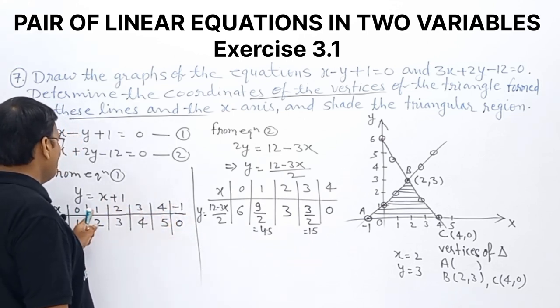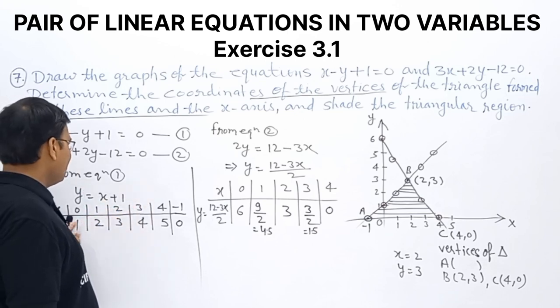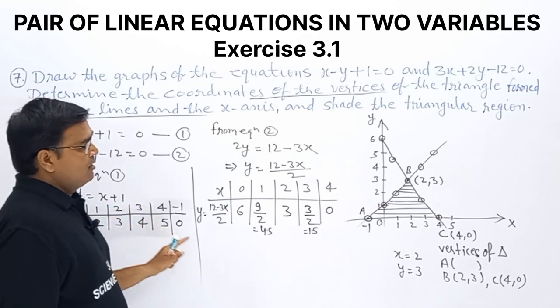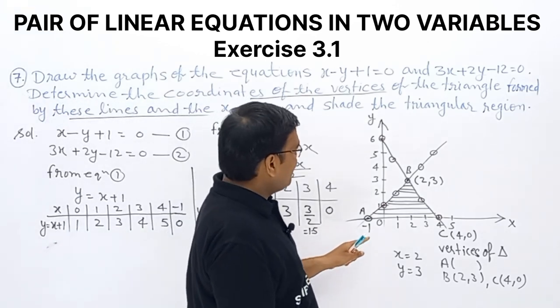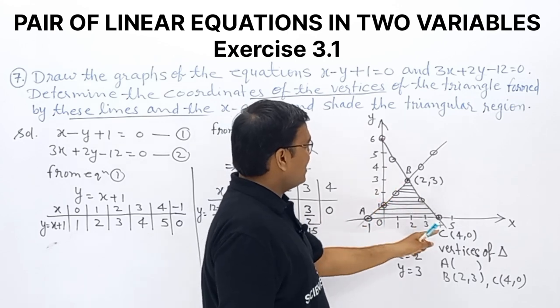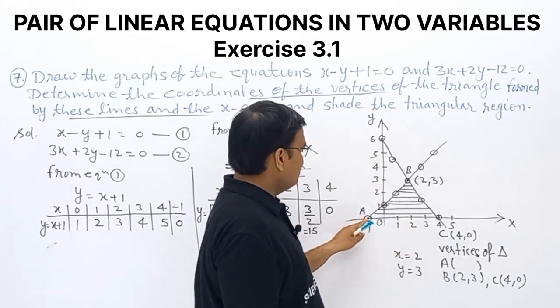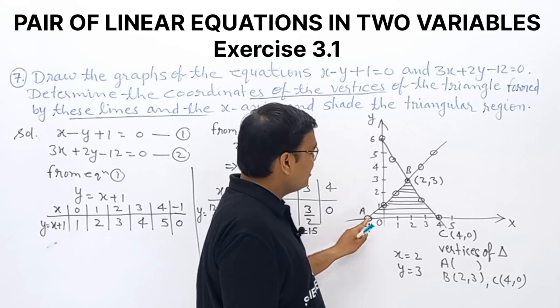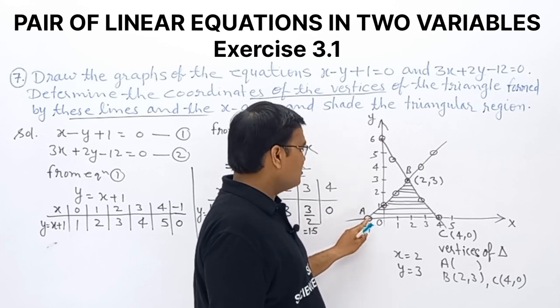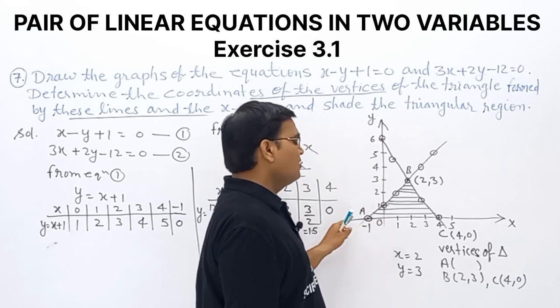We observed the values 0, 1, 2, 3, 4, but we obtain the triangle from these lines and the x-axis once we extend this line. So this point is the intersection of this line and the x-axis.